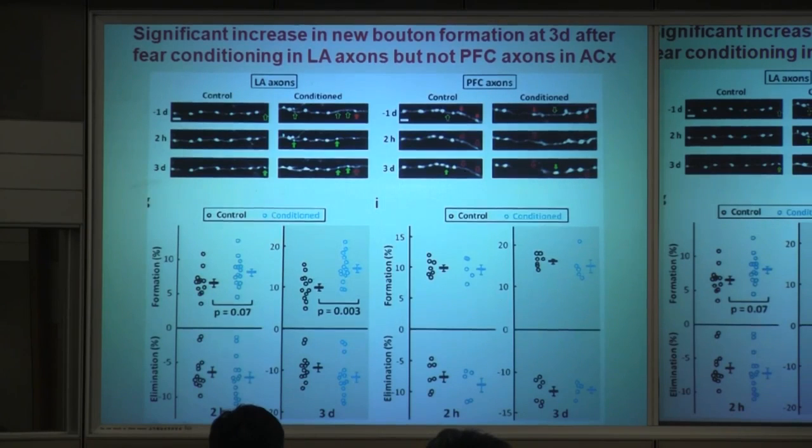Now, as this specifically happened from that projection, you can compare a different projection from the prefrontal cortex rather than amygdala. The prefrontal cortex shows that the dynamics of bouton formation and elimination doesn't change. So that means that one specific pathway related to fear memory formation is specifically increased in presynaptic structure.